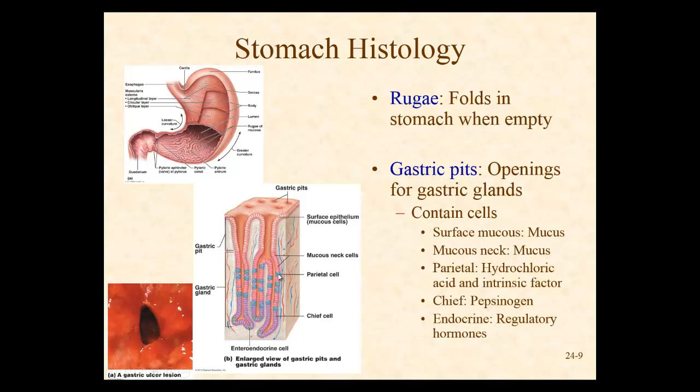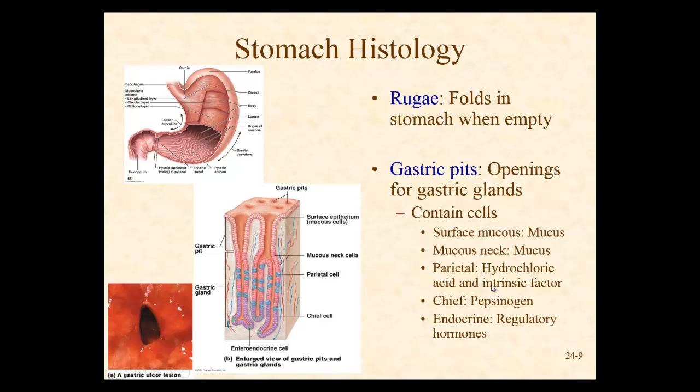Hydrochloric acid helps to digest that food, break it down further, and prepare it for the small intestine, bringing down the pH. And the intrinsic factor helps to absorb B vitamins. So we need intrinsic factor to absorb vitamin B12, which is important in making red blood cells.